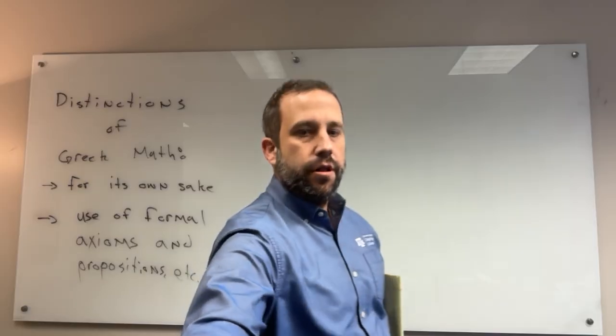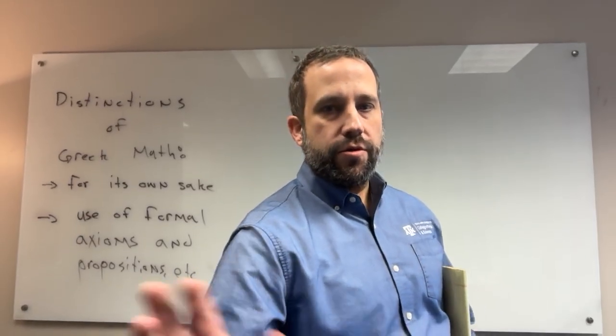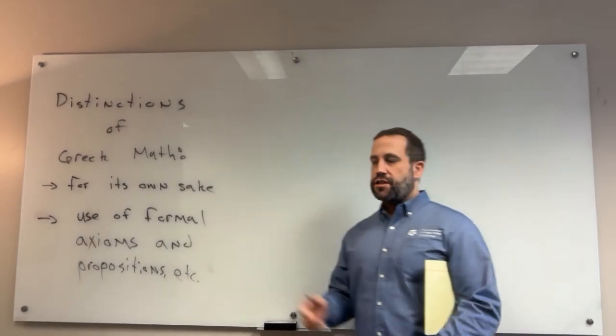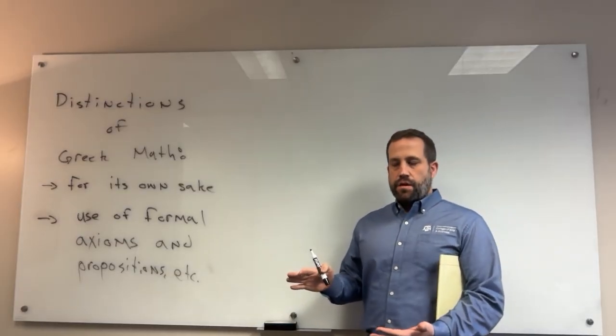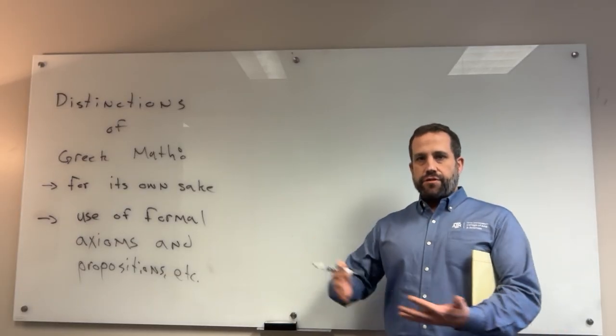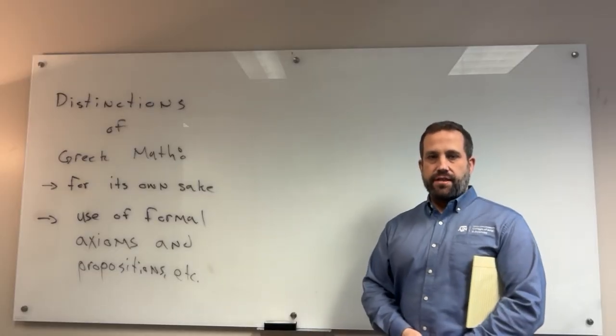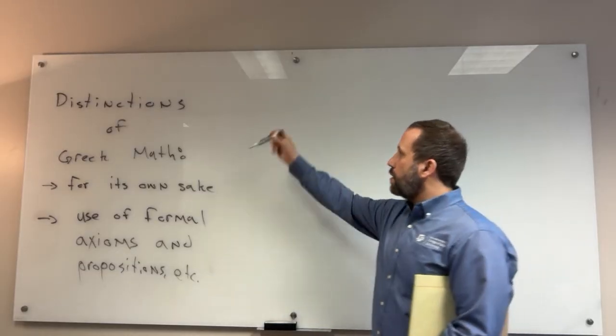Okay, so for example, most of you are familiar with doing mathematics this way, and you think about Euclid as maybe one of the earliest examples that we have of mathematics being done this way, at least as a big work.